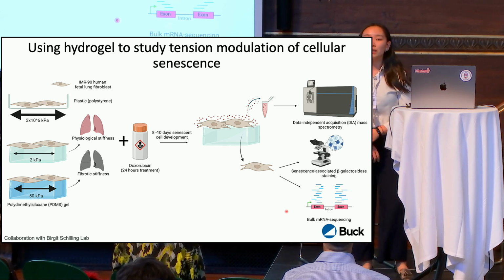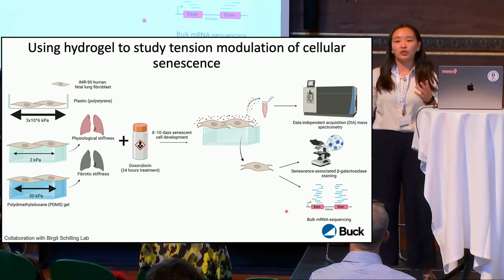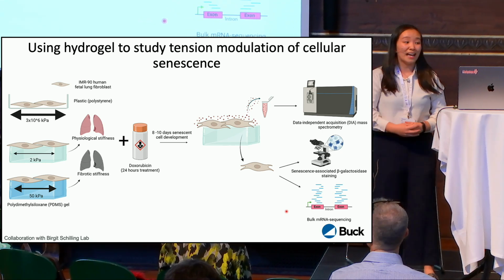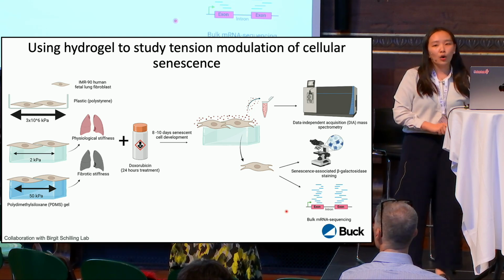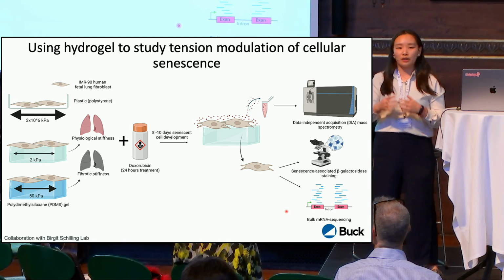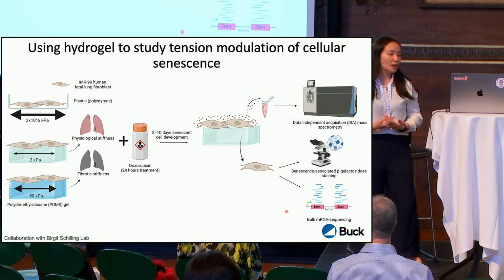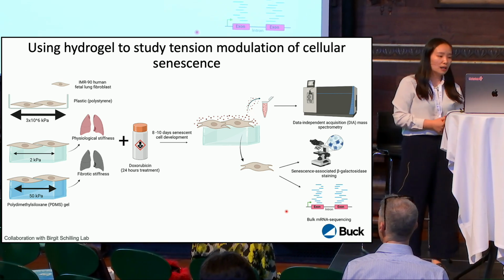We use human lung fibroblasts, and we can culture the cells the conventional way, which is on plastic, but it has really, really high stiffness that exerts onto the cell. Or we can use hydrogels that we measured to mimic physiological lung tissue. We also have a stiffness at 50 kilopascal that mimics the fibrotic tissue level.